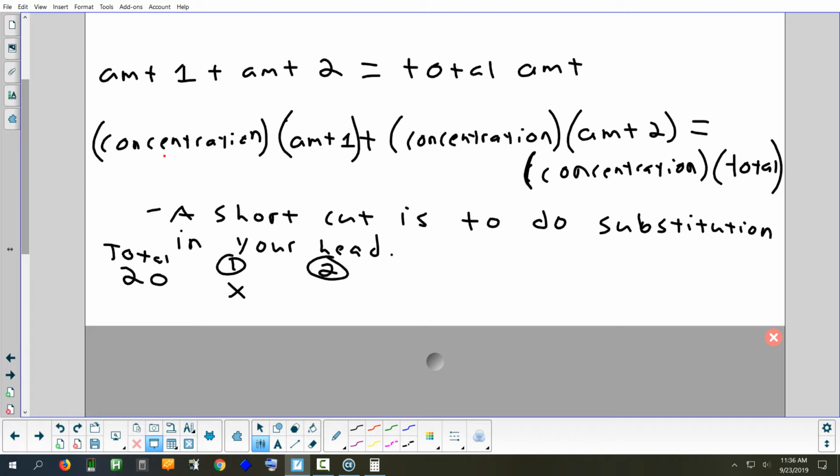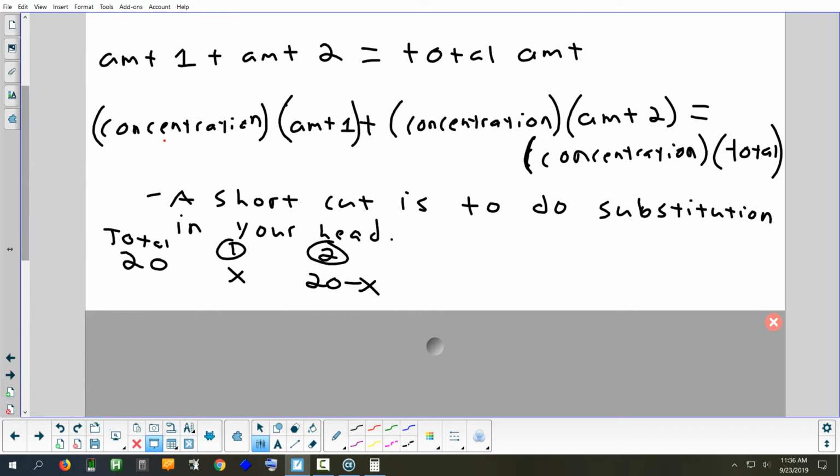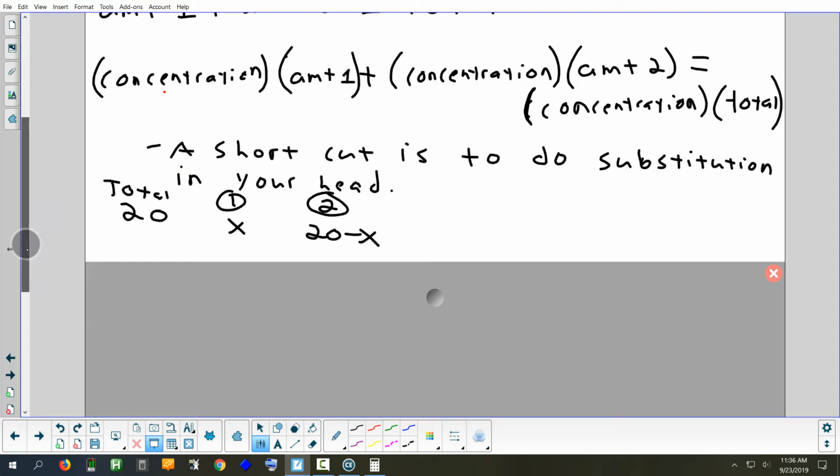How much would that leave for solution 2? 20 minus X. So all that this first equation is doing is basically giving you a formula for the other amount, which is the total minus one of the variables. But you don't have to do the substitution in your head like that. We can write it out.